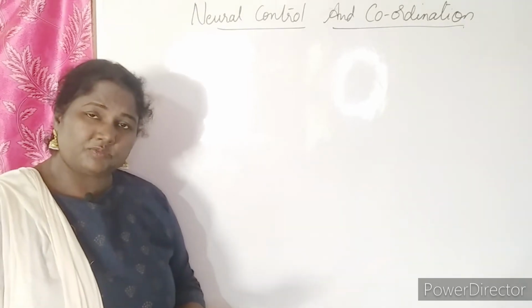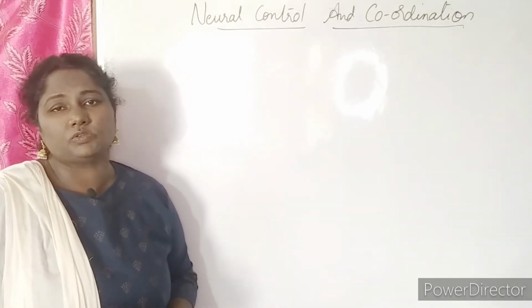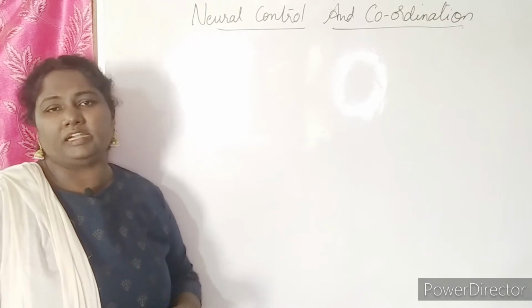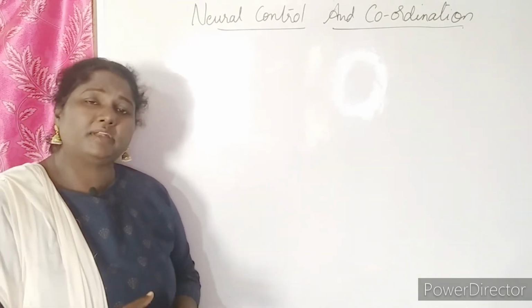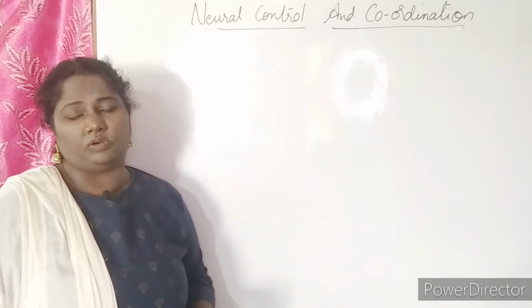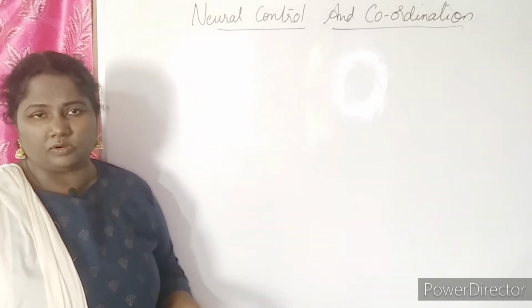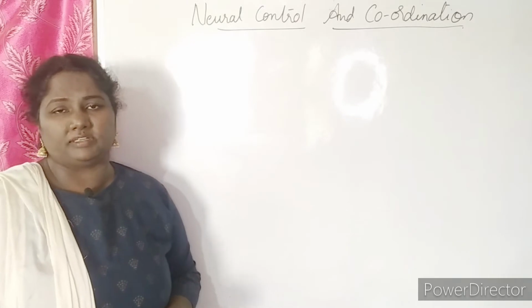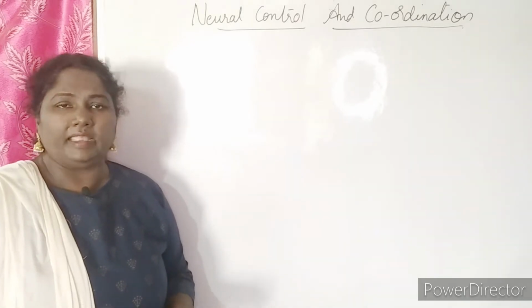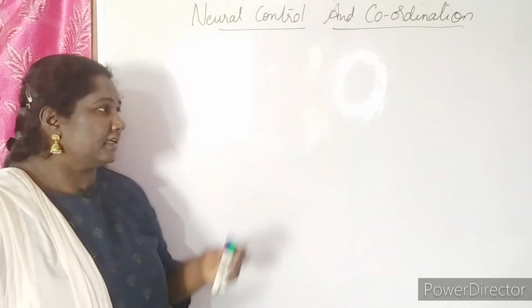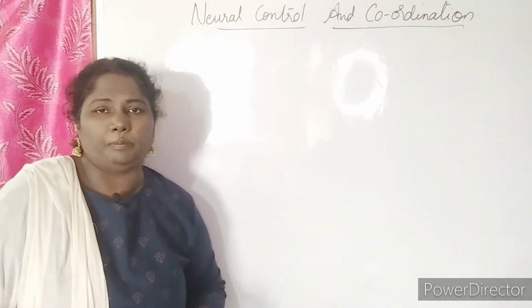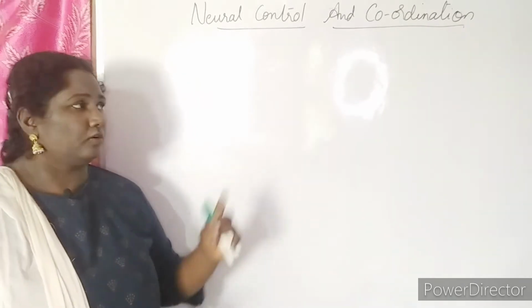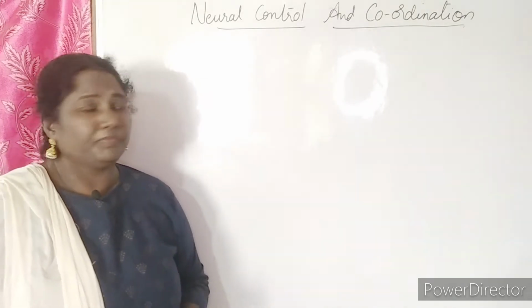To move from the place where he is, more than 6 to 7 systems have to coordinate and work. So coordination means all the systems come together to do one function, and then the person can do that work very easily and perfectly. In this chapter we are going to see how the neural system helps in controlling and coordinating the human body.